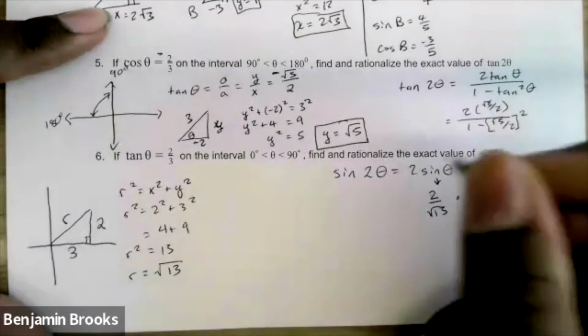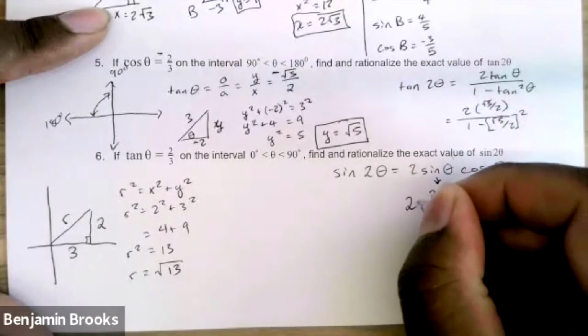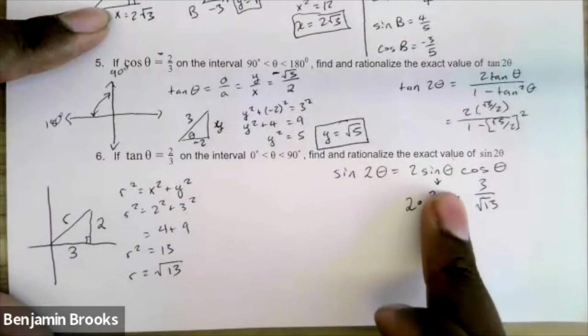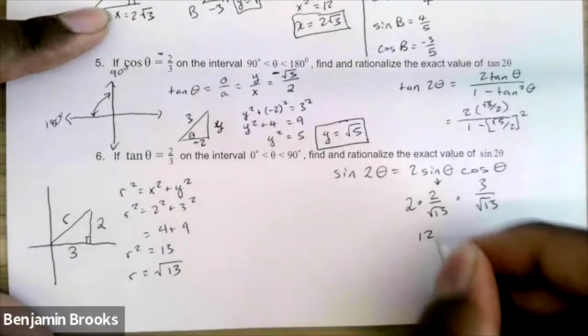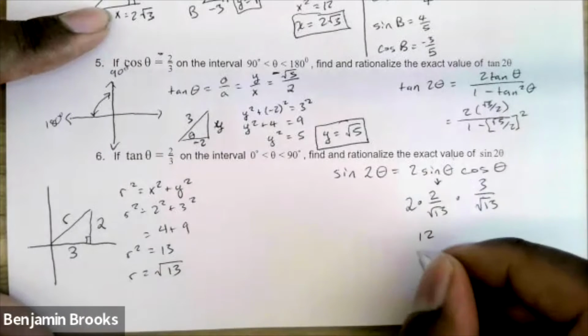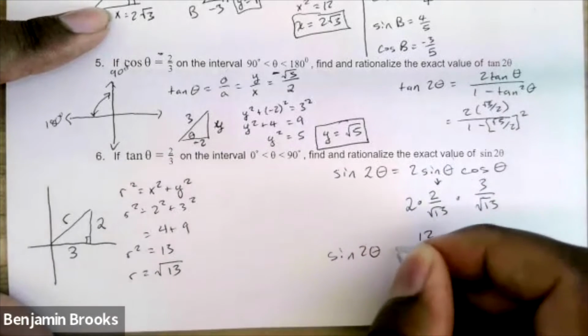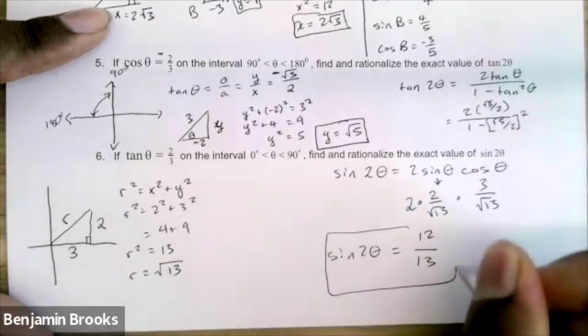Okay. So then you're going to multiply this by 2 basically. If you do all that together, you got 2 times 2, which is 4, times 3, which is 12. Root 13 times root 13 is just 13. And sine of 2 theta equals that.